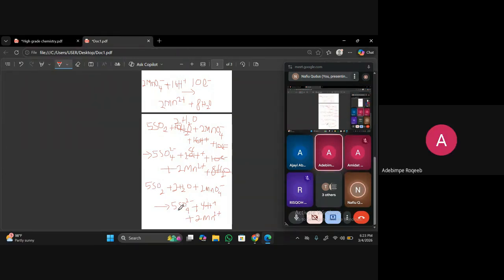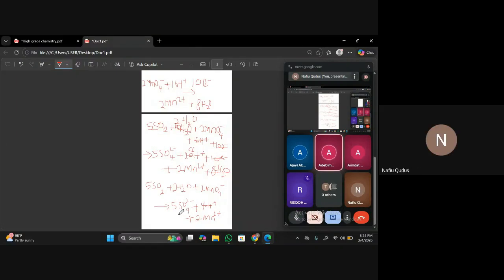Let's check the total number of oxygen. 5 times 2, we have 10 here, plus 2 is 12, plus 8 from MnO4 minus. That's 20 oxygen in this equation, right? Yes, sir.